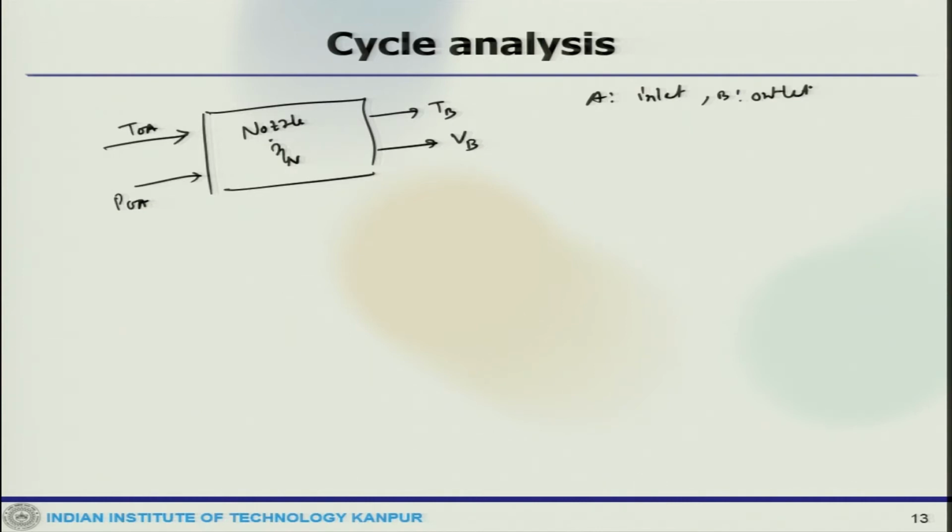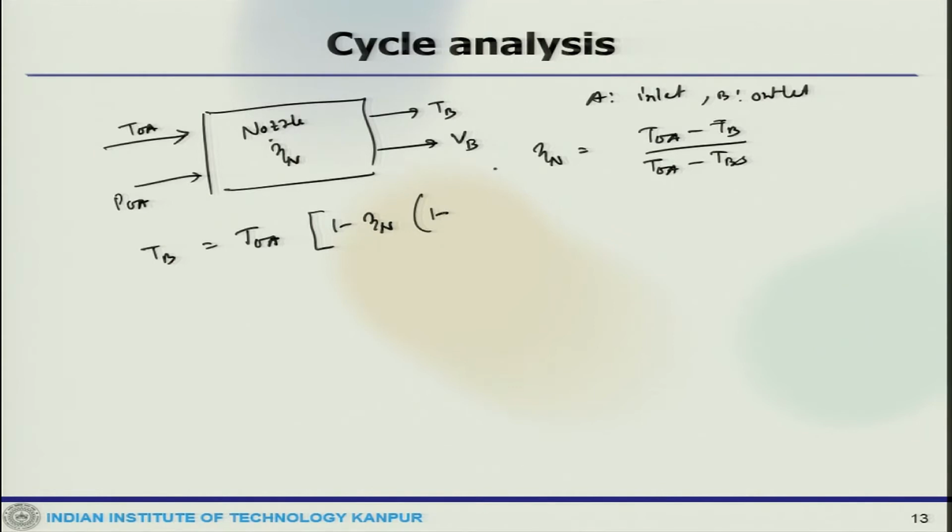Now, eta n is T naught A minus T naught B by T naught A minus TBS, and we can write TB equals T naught A times 1 minus eta n times 1 minus (PB by P naught A) to the power gamma m minus 1 by gamma m.